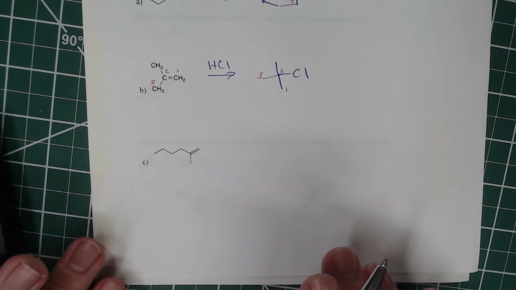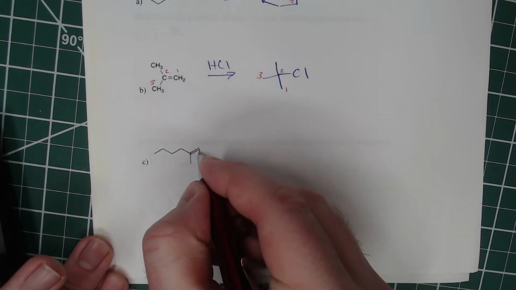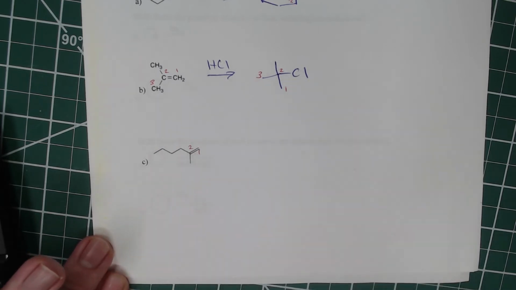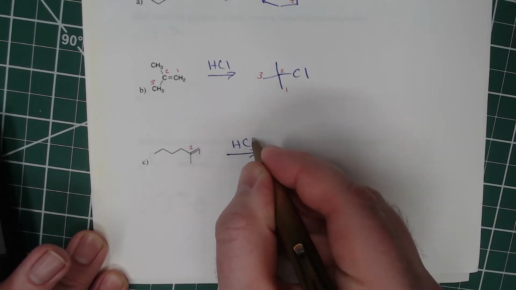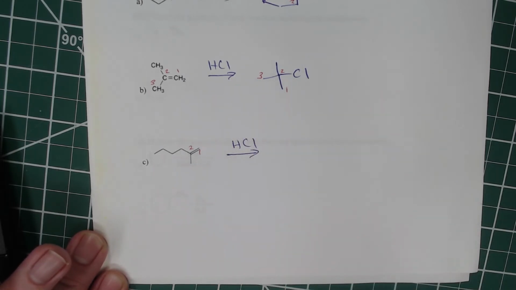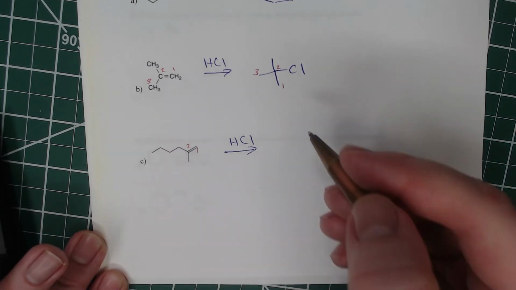All right, now let's look at this one. I don't need to label all of them. Just carbon 1 and 2 are the relevant ones. Think for a second, which carbon is the hydrogen going to go to? If you said carbon 1, you are correct.